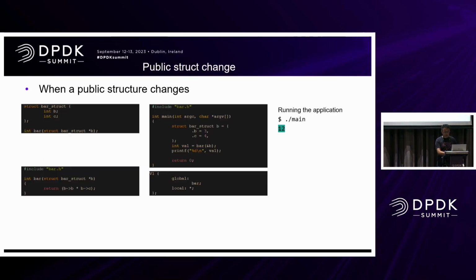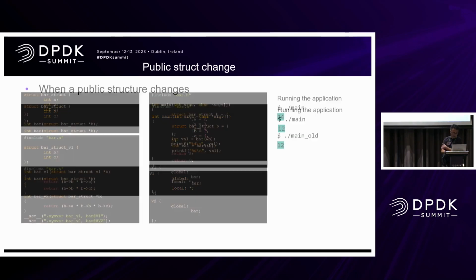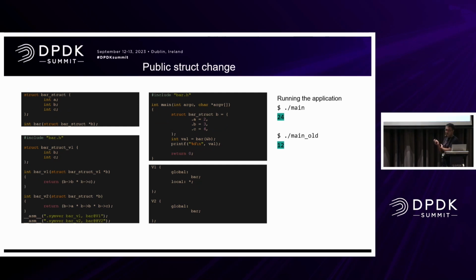When a data structure needs to be updated, it is a little different. Here we have the structure and a very simple function that main is calling, with the linker script, which is pretty much the same thing. But I decide to add int a at the beginning. So what is required? I will go through this quickly so I have time at the end. When this is added, the header will have the new version.